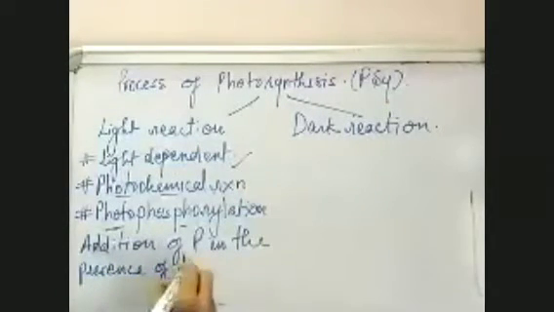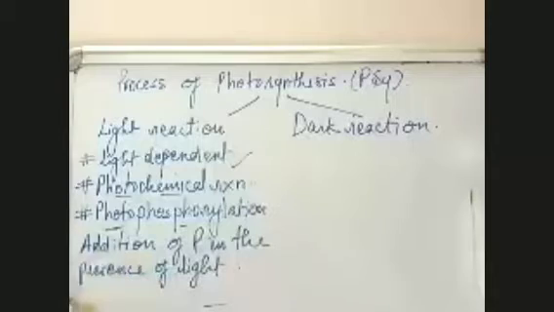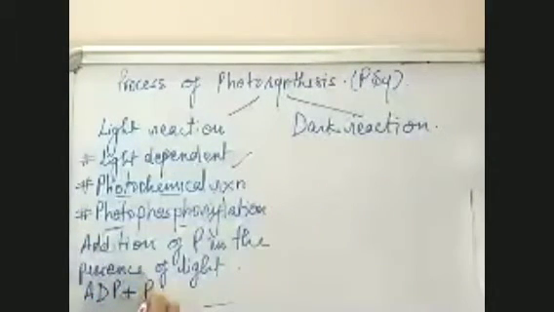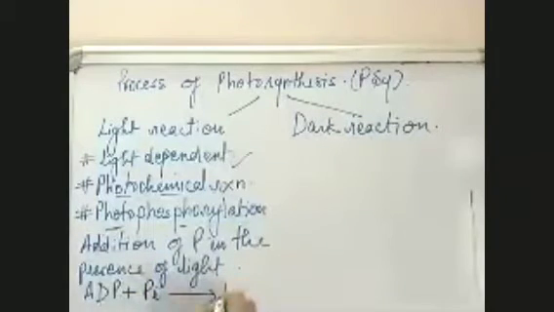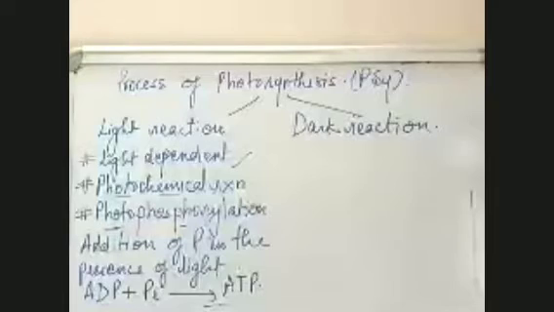That means if to ADP, inorganic phosphorus is added, we will get ATP. So this is phosphorylation basically. And as you know, by the end of this, many high energy compounds are formed.